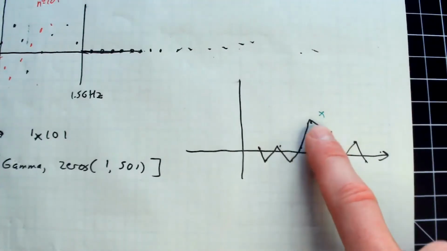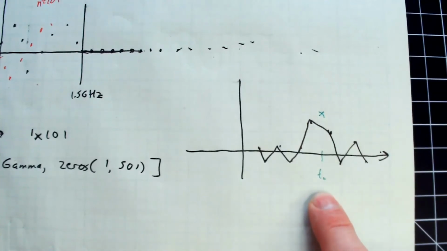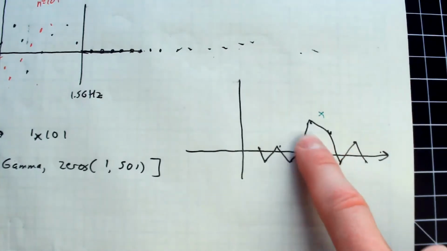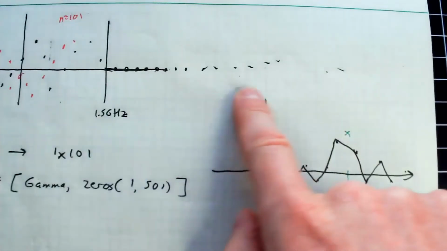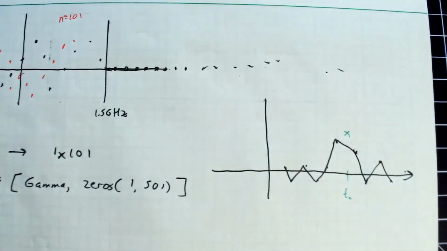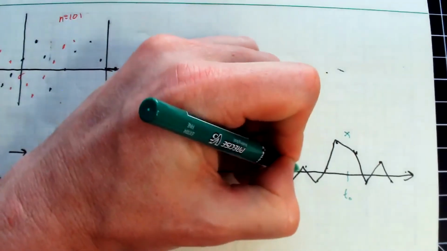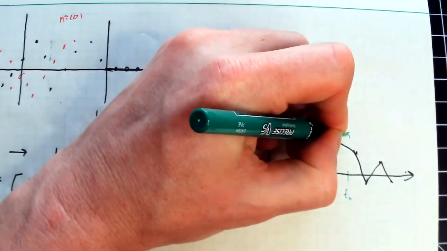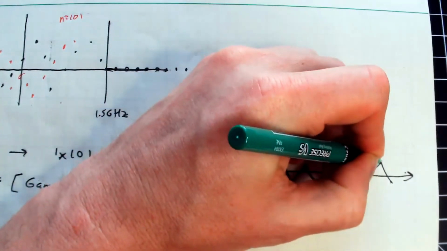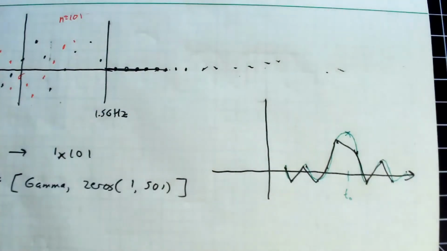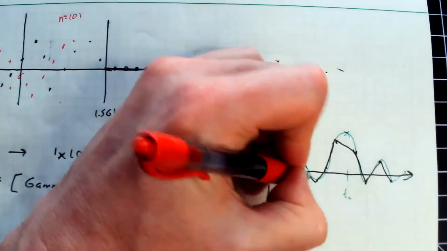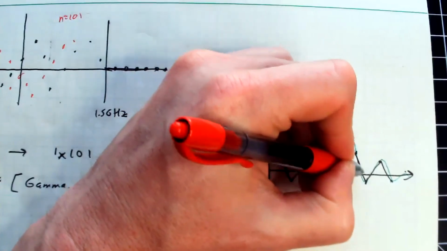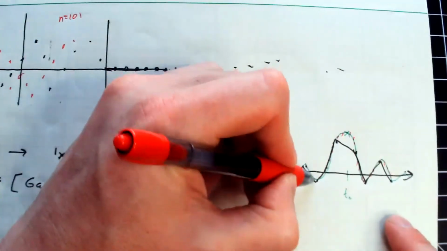It's hard to say where exactly the peak of that pulse is, because it may or may not land exactly on one of these samples. But when you do the zero padding, all that does is add a bunch more samples. So you have this true envelope that's trying to do this, like that. By padding a bunch of zeros, it just added a bunch more samples, and you'll get a much more refined picture of where that peak is.